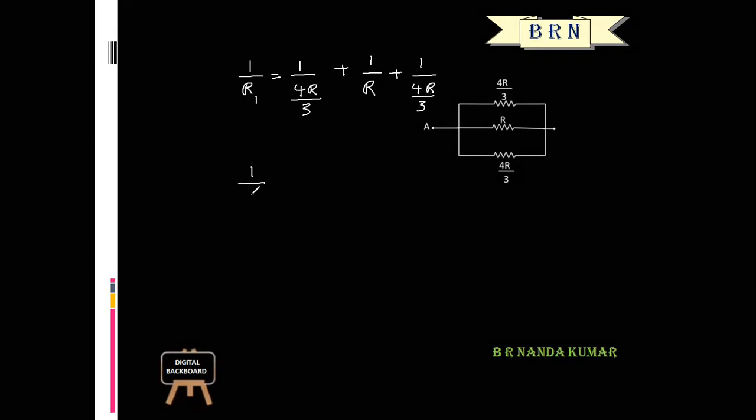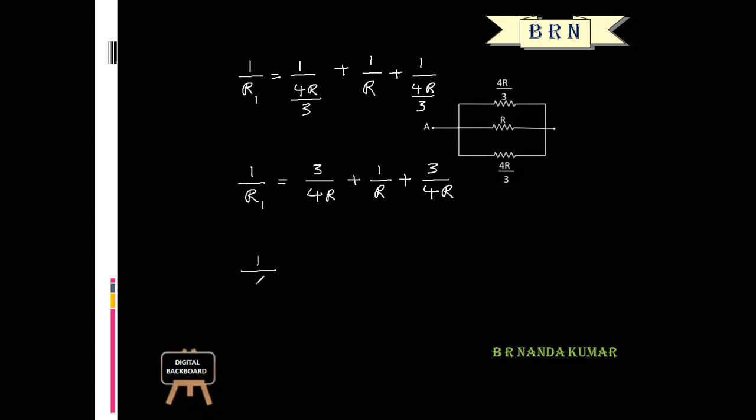So 1 divided by R1 is equal to 3 divided by 4R plus 1 divided by R plus 3 divided by 4R.